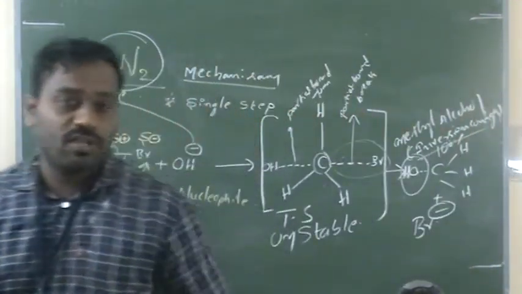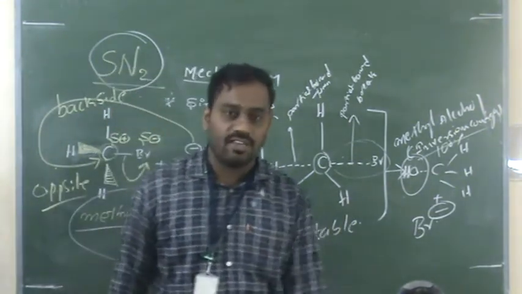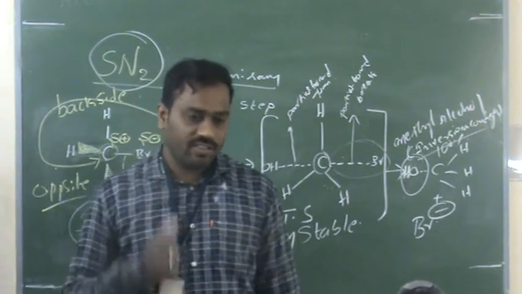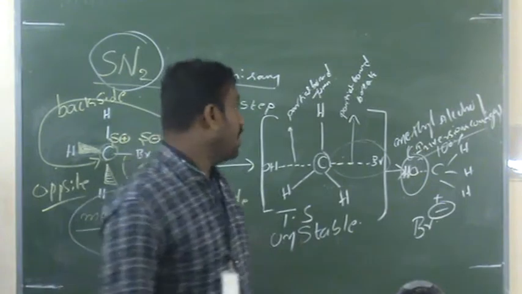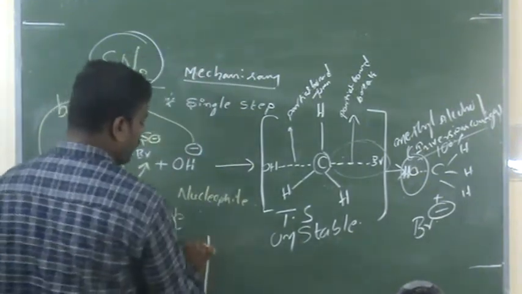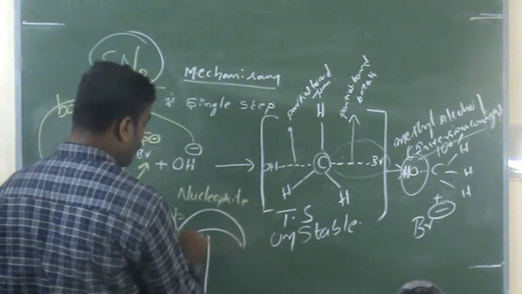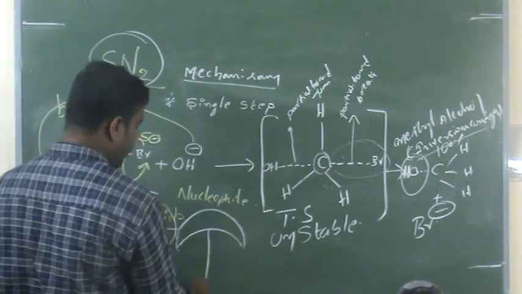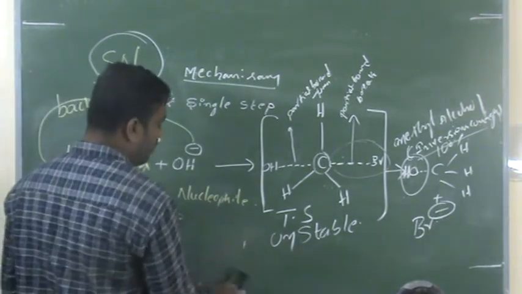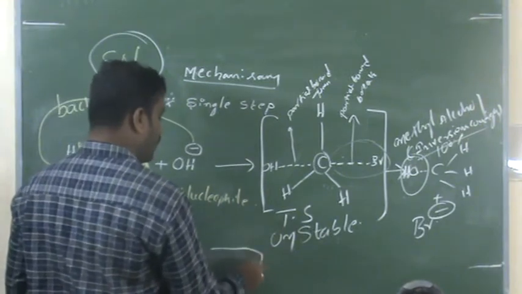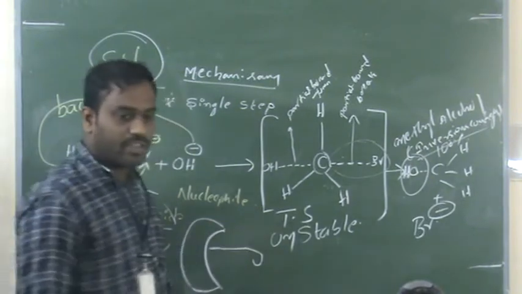What is the meaning of inversion configuration? Suppose nowadays there is so much rainy season, isn't it? You take an umbrella. This is the shape of the umbrella when you take it. Think it is the umbrella you take when going outside in the rainy season.